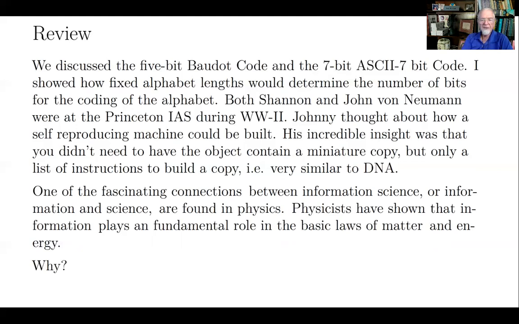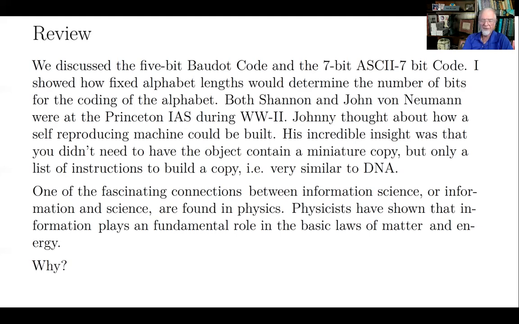Both Shannon and John von Neumann were at the Princeton Institute for Advanced Study during World War II. Johnny thought about how self-reproducing machines could be built. And it was his incredible insight that you didn't have to have a miniature copy of the object in the object that you're trying to describe.